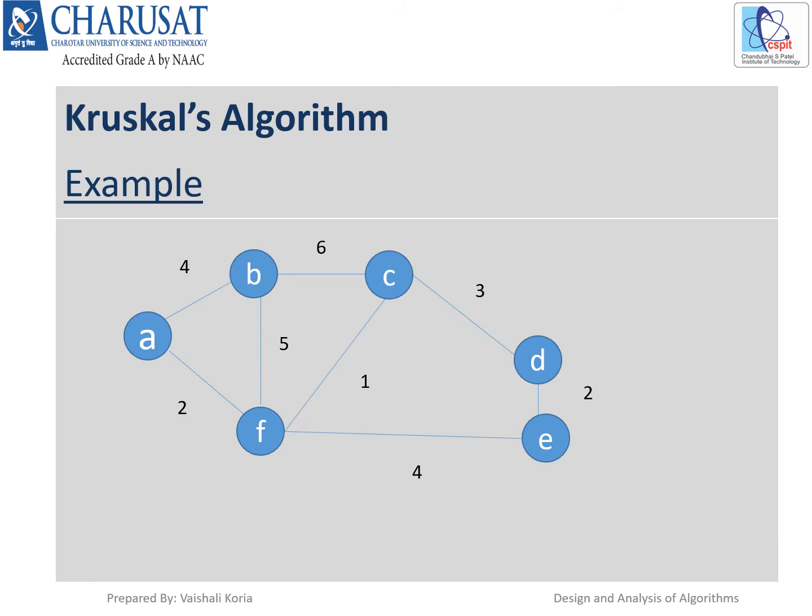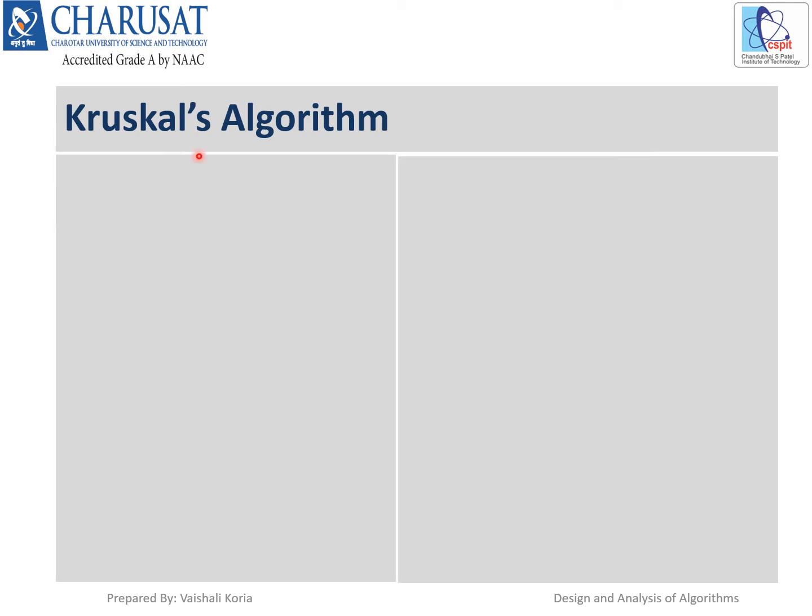Now let's solve the previous example that we had seen using the Kruskal algorithm. So here all 6 vertices are given: A, B, C, D, E, F, with the weight values for all the edges. The first step of the Kruskal algorithm is to initialize the solution set. So here we are initializing the solution set with empty, meaning no edge has been added yet to the solution set.